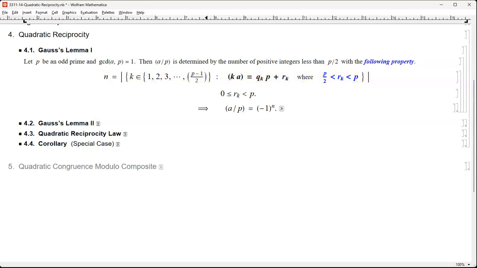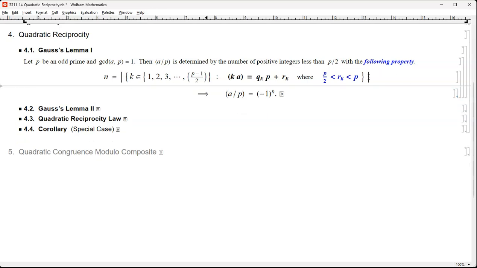Some will be too small, some will be too close to 0. Those are out. Some are sufficiently large. Those are in. And how many are in? Well, that's the number n.